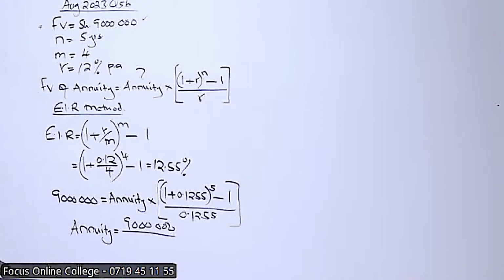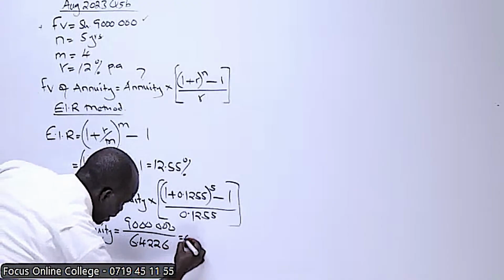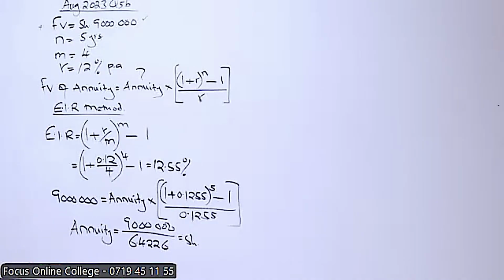6.4226. So please get me the amount here. Divide, and get me this amount. This figure is too big, my friend. This is 1 million?